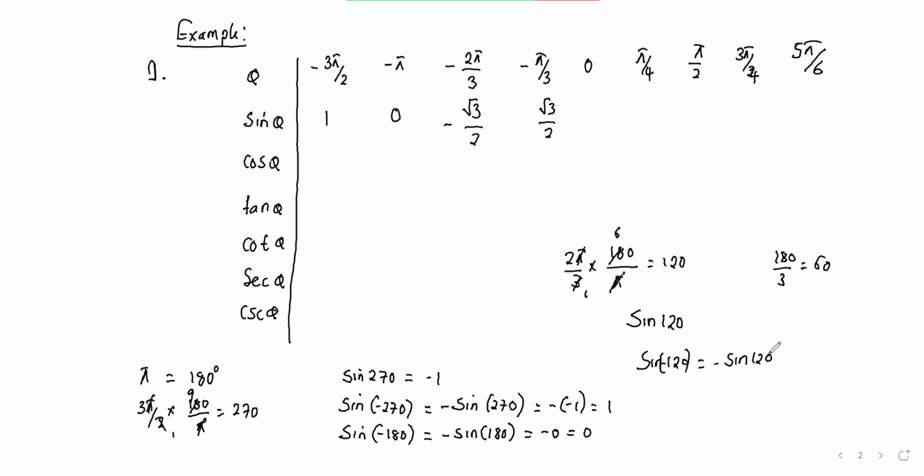And then sine 0. Sine 0 is 0. Sine pi over 4. Pi over 4 is 45, so sine 45 is root 2 over 2. Sine pi over 2 is 1. What about 3 pi over 4?